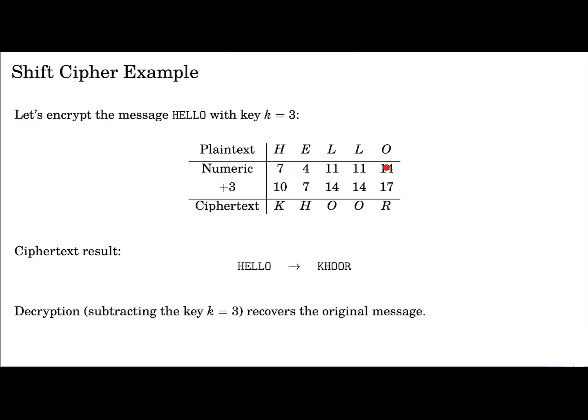You then add 3, and you can then reinterpret this as letters again. This is your ciphertext. So hello gets encrypted into KHOOR. And if someone receives this and they know the secret key, they can just subtract 3 from these to obtain these numbers, which they can interpret as the message.